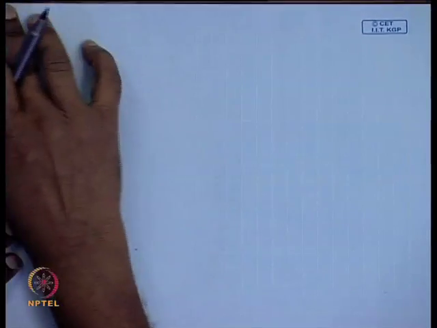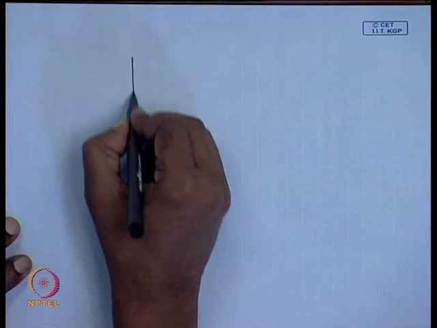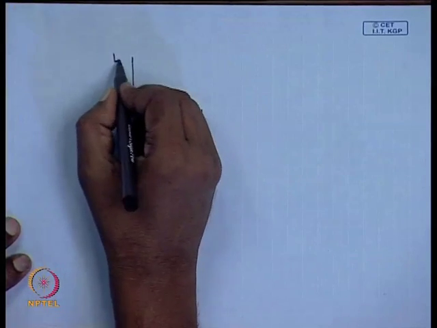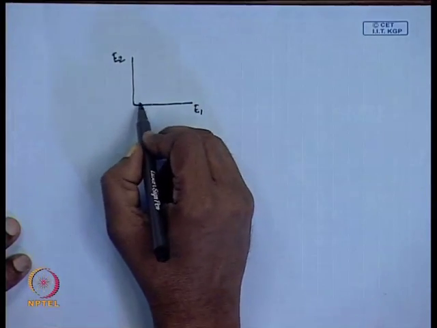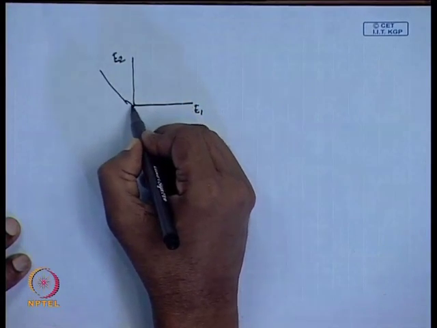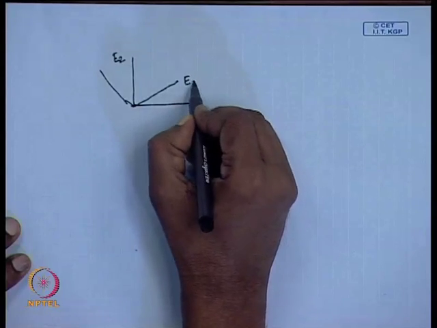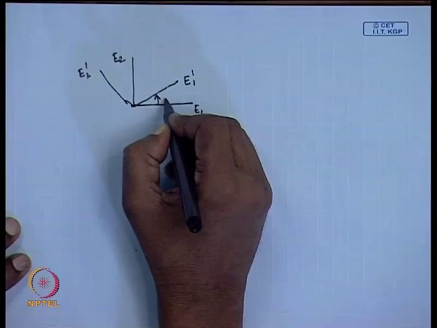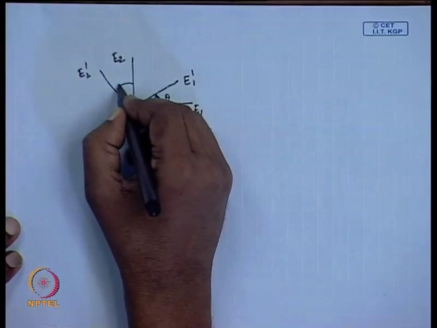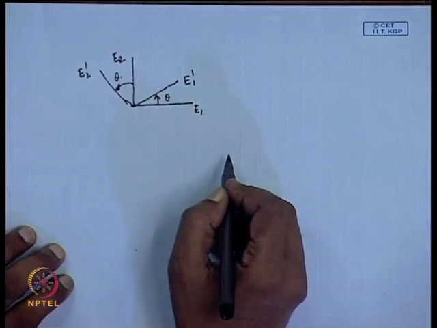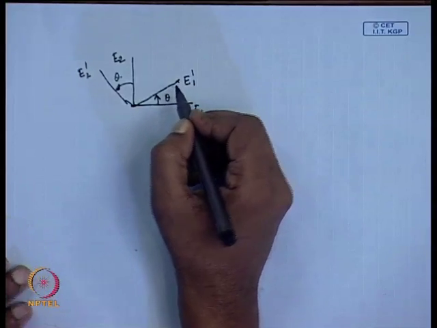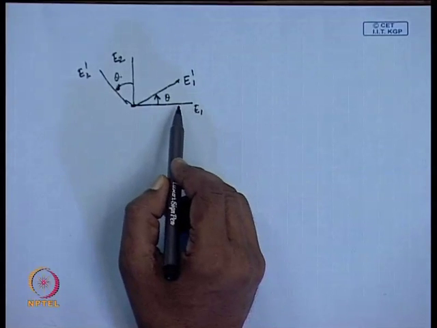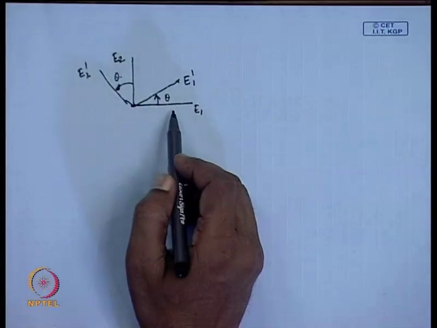Any rotation, let us say we have the E1 and E2 here, and if you rotate this axis and write this as E1 prime and this as E2 prime, by some angle, say theta, then it is possible to describe the transformation from one reference frame to another.